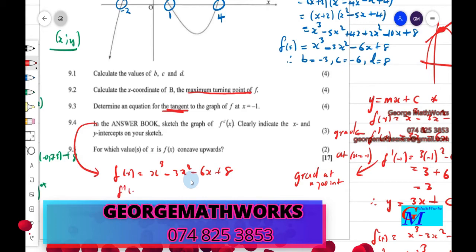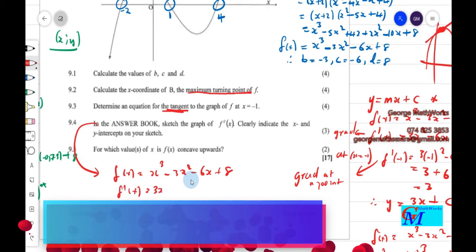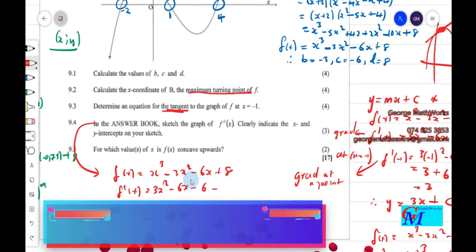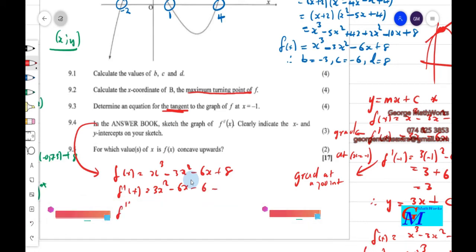So the first derivative reduces to 3x squared minus 6x minus 6, plus 0 if you differentiate a constant. Then the second derivative should be equal to 6x minus 6.